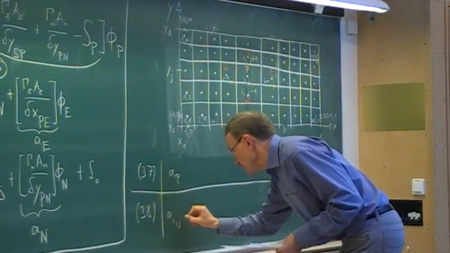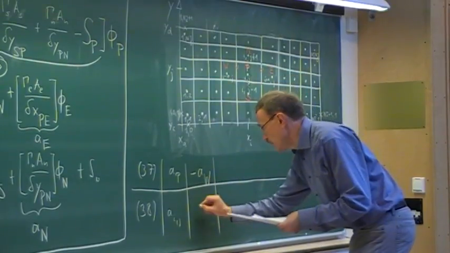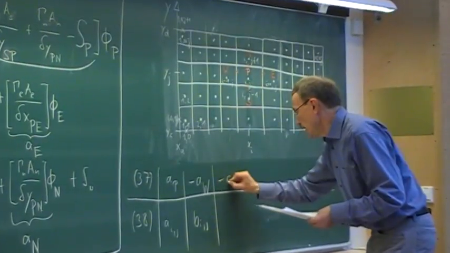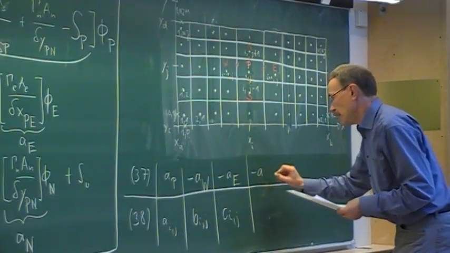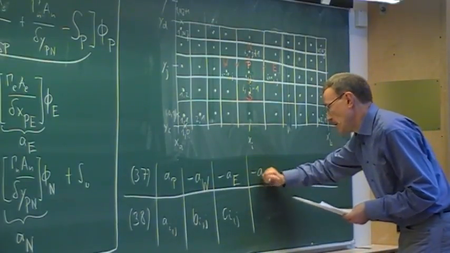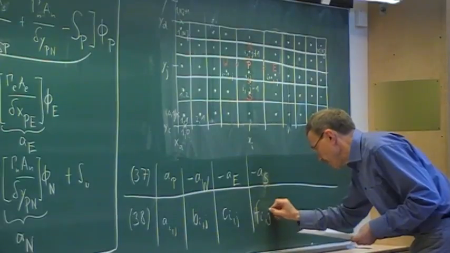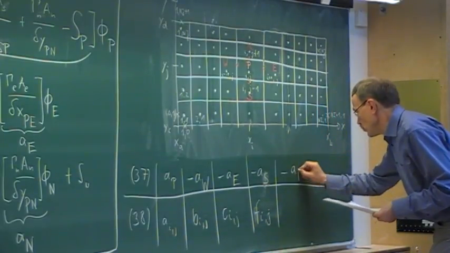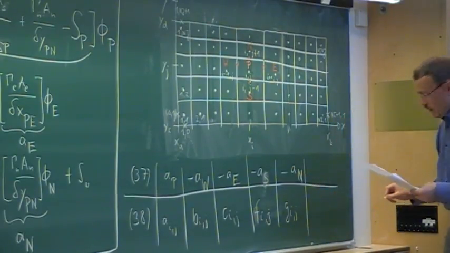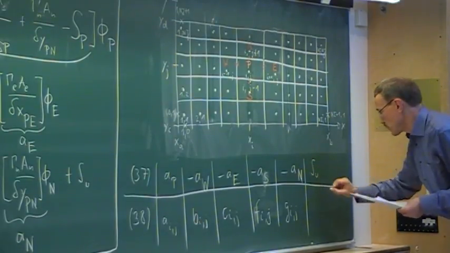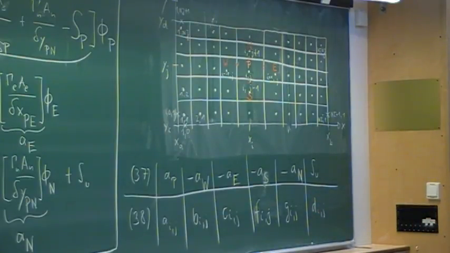So that is Aij, and the minus A capital W is then the Bij, the minus AE is the Cij, and the minus A south is the Fij, and the minus A north, these are capital letters all, that is Gij, and the SU, uniform source term, is then called Dij. So then we have this correspondence.